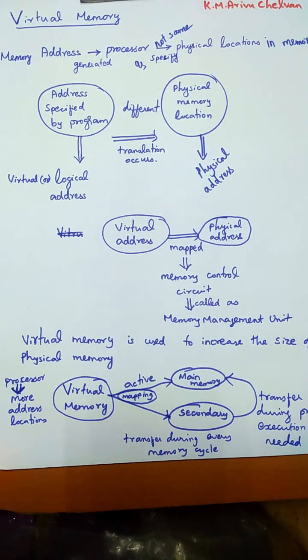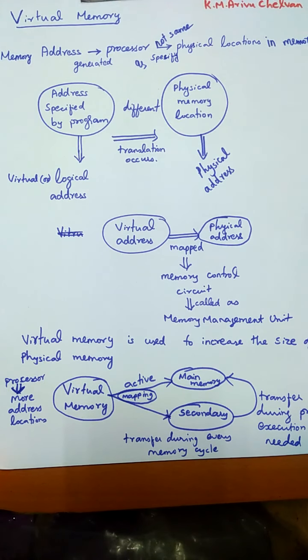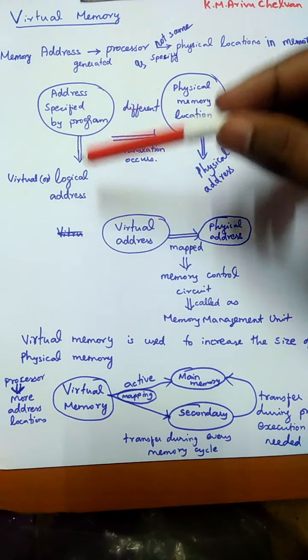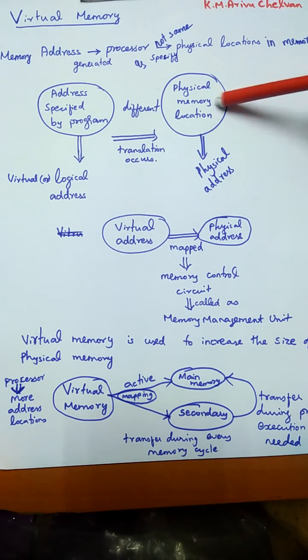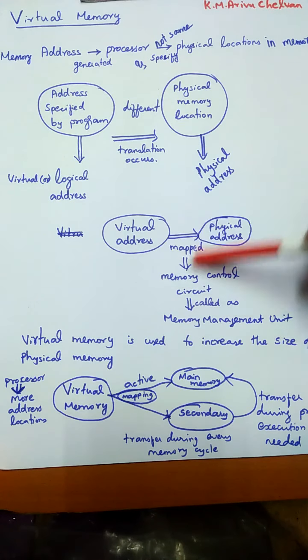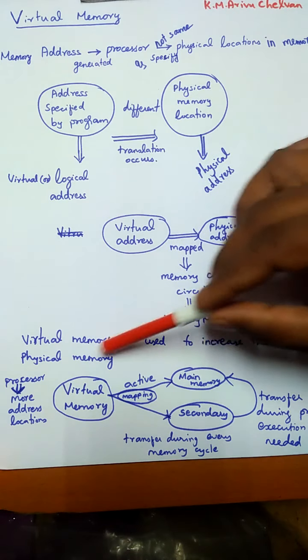So why do we need this virtual memory? We understand what virtual memory is: a processor generates some virtual addresses, the physical memory contains some physical addresses, and we need a mapping between them. Why do we need it? It is to increase the size of physical memory.